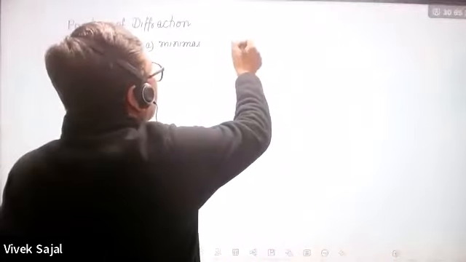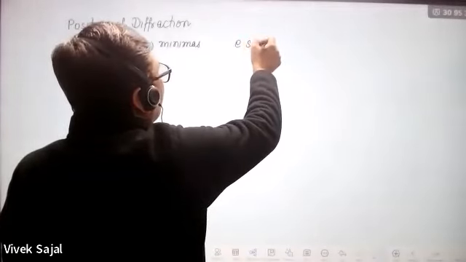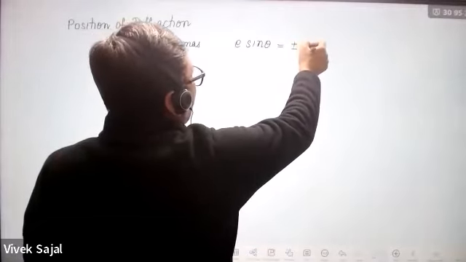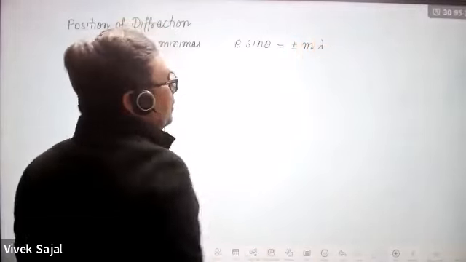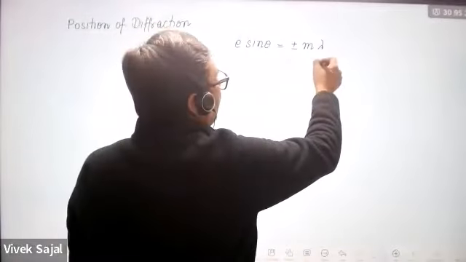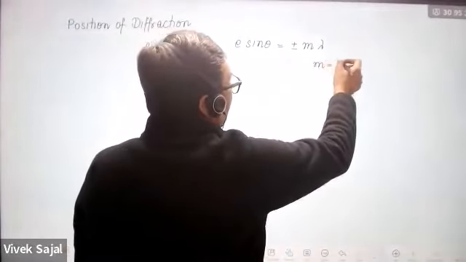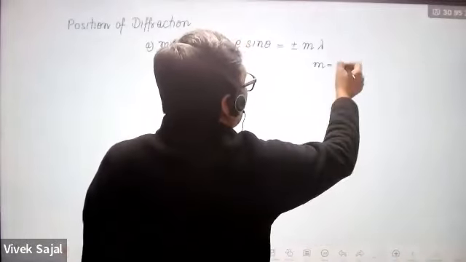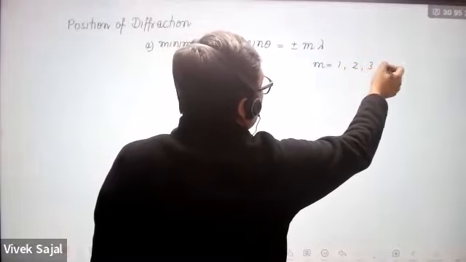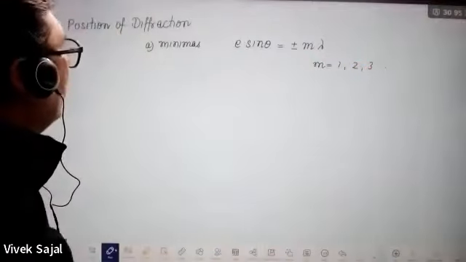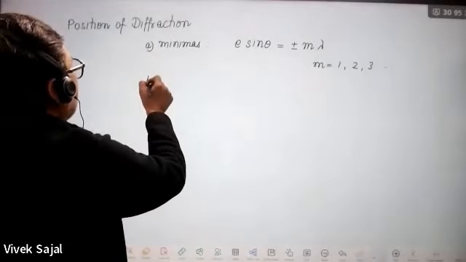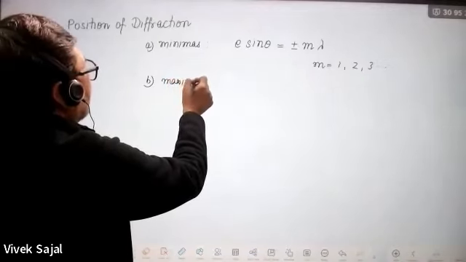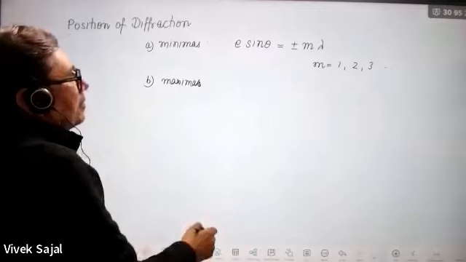For minima, it was E sin theta equal to plus minus m lambda, and m will be 1, 2, 3 like this. What will be the diffraction maxima?